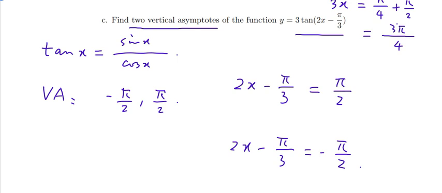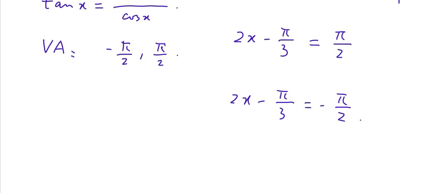But for asymptotes here, we put x equals, just like solving an equation. From the first one, let's solve this equation: 2x equals pi over 3 plus pi over 2.